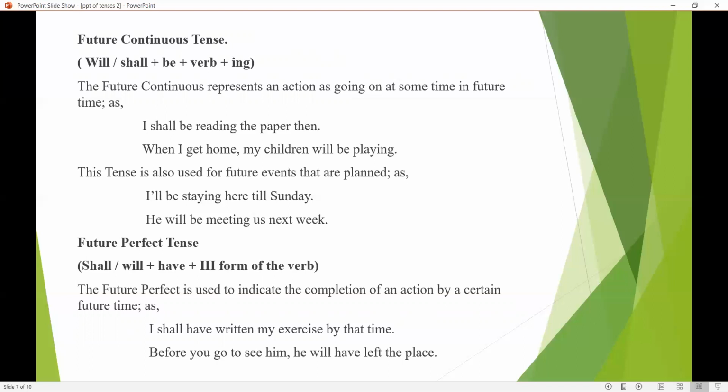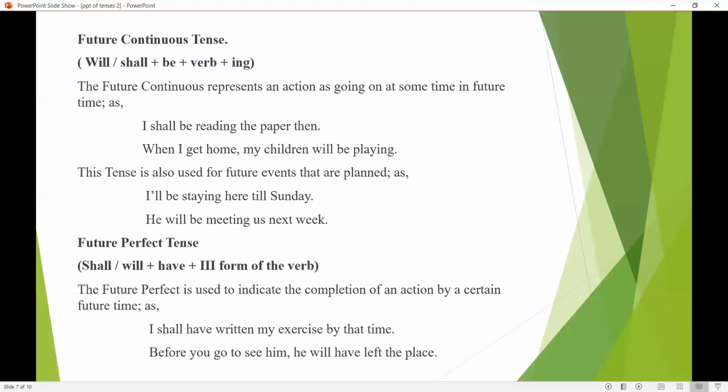Let's see how it is explained. The future perfect is used to indicate the completion of an action by a certain future time. Example, I shall have written my exercise by that time. Before you go to see him, he will have left the place.